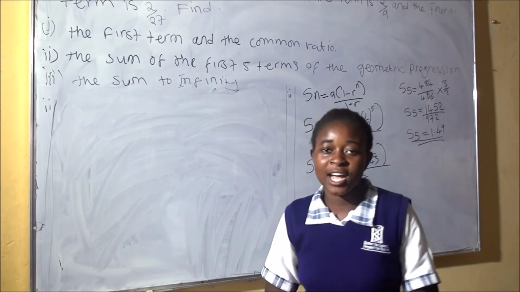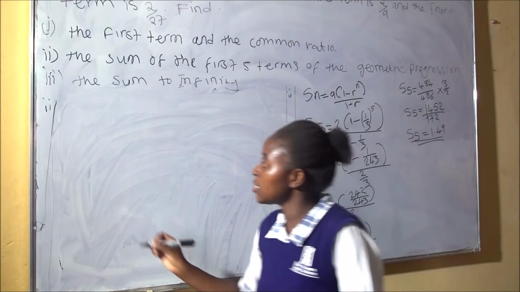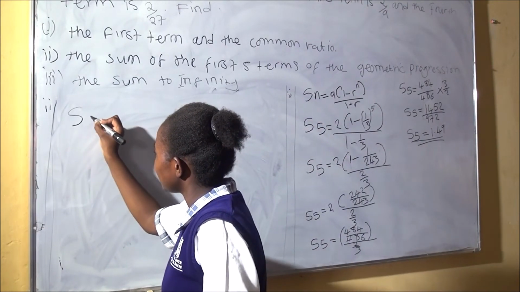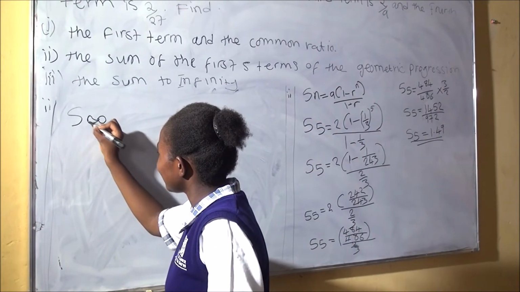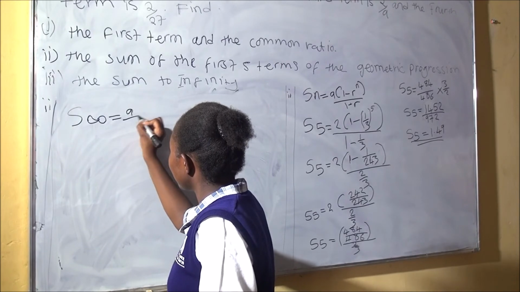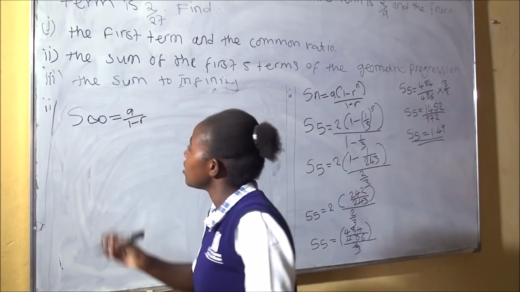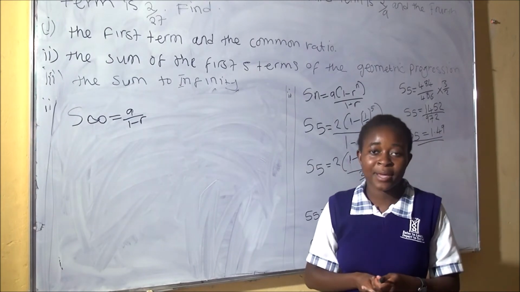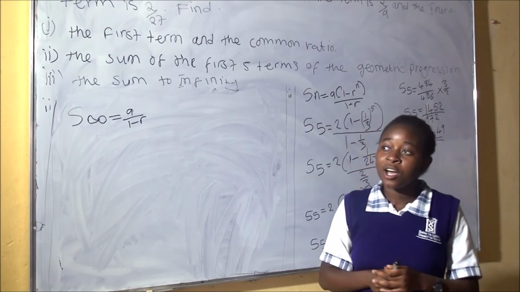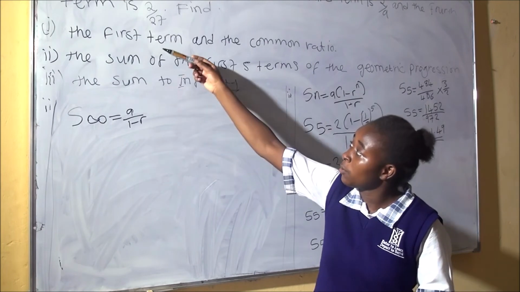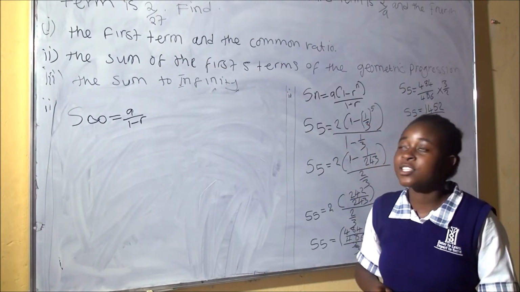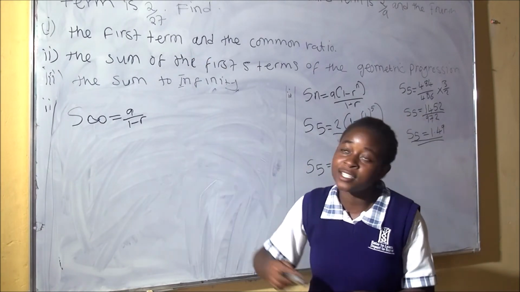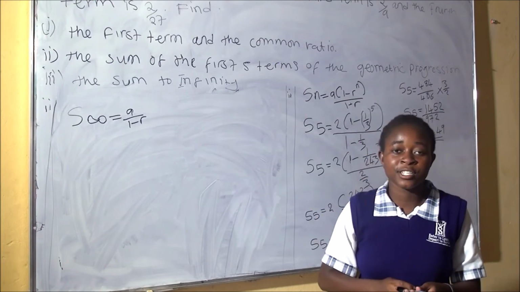Sum to infinity has the equation which is, sum to infinity is equal to a over 1 minus r. The a we use is the first term which we found in the first question, and the r is the one which we found in the first equation.